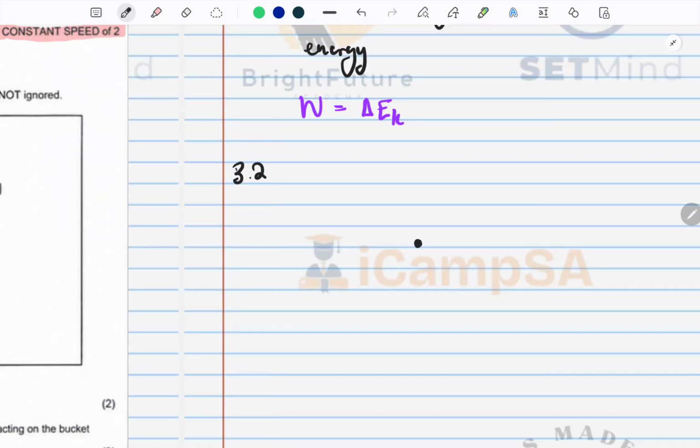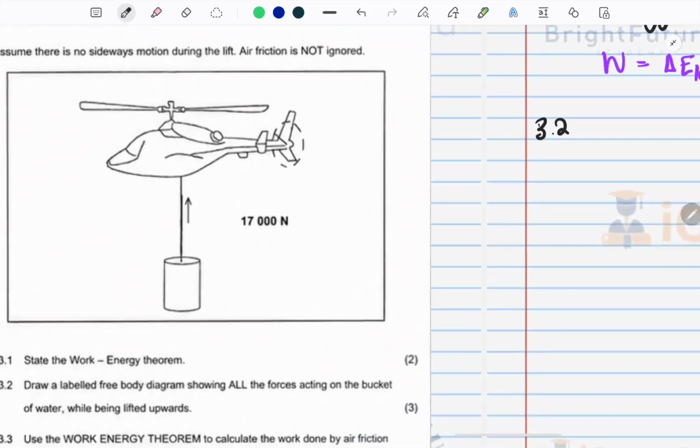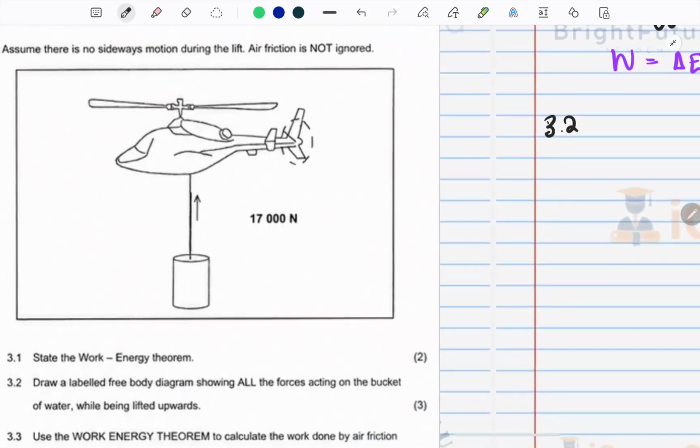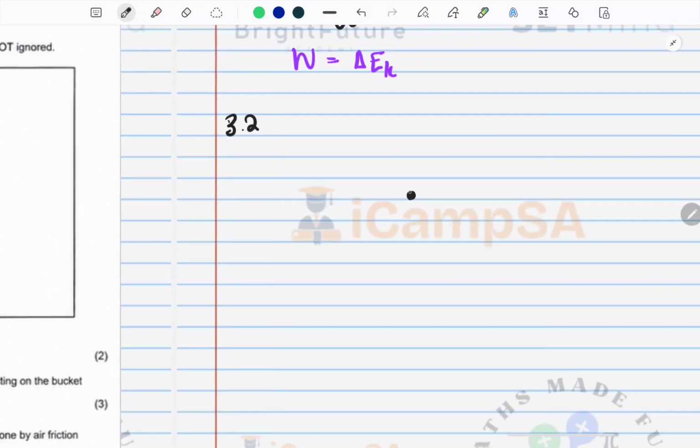We've got here our dot. One thing we should note is that we're going to have this tension of 17,000 going up. So that's the first thing. This is the T, which is your 17,000. And then now what we're going to have is the weight, which is the FG.